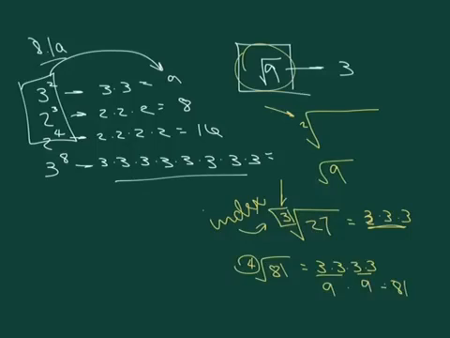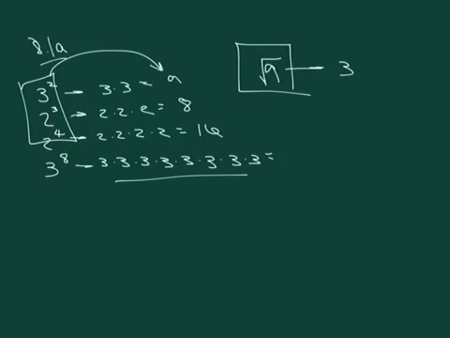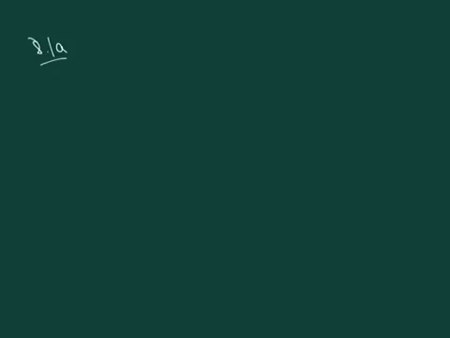So see, it's very similar to these because we have a number here that says how many times are we going to multiply 2? 4 times. This says how many times did we multiply 4 to get 81? Okay, so we multiplied 3 4 times in order to get 81. So that's what the radical sign means, and that's what the index does. So it's just going in the other direction.